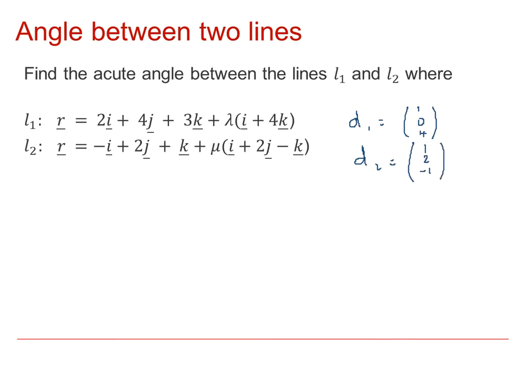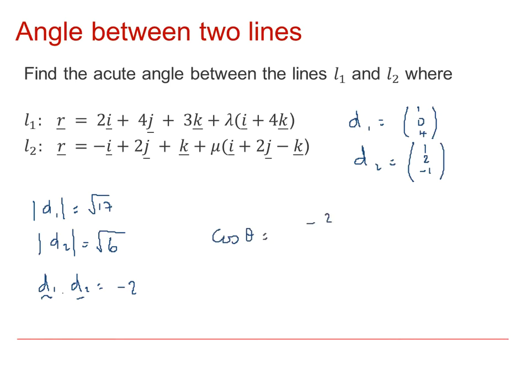I leave you to verify the following, but the modulus of d1 is root 17, the modulus of d2 is the square root of 6, and d1 dot d2 is negative 2. So therefore cosine theta is equal to negative 2 divided by root 17 and root 6.